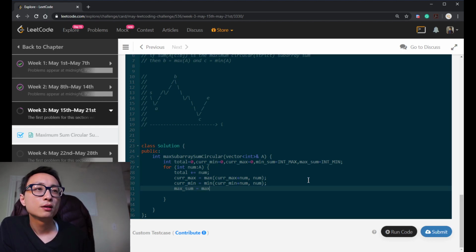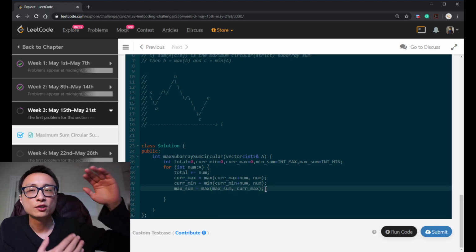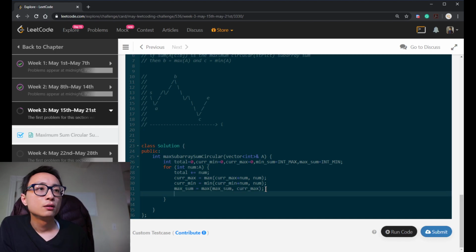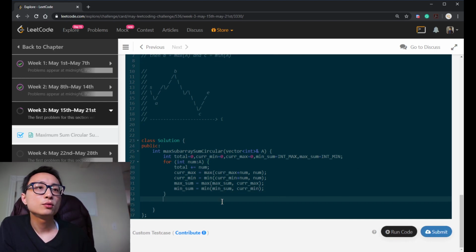Maximum sum is the maximum between this one and the current upward height difference in the upward trend. Minimum is similar, but in the other direction. So in the end, if this thing is smaller than 0, it means it's negative all the way, then we should actually return this.